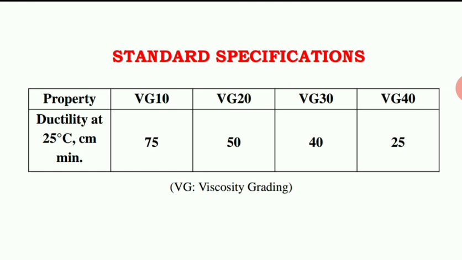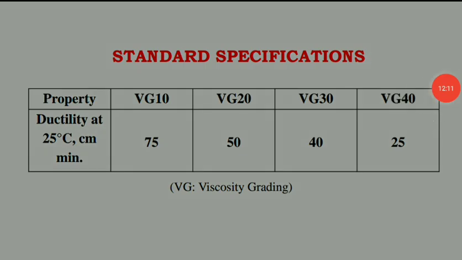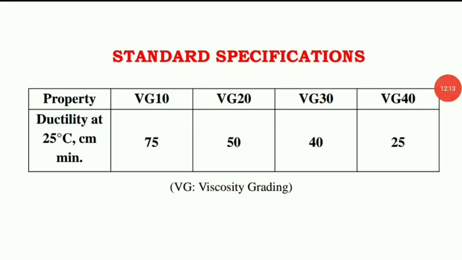So finally we need to measure the ductility value of the given bitumen sample, and based upon that we are going to consider whether this particular material has a proper ductility value or not, and whether we need to use this in the construction or not. That we will conclude by conducting this test and by referring these results with the standard results specified by the Bureau of Indian Standard.